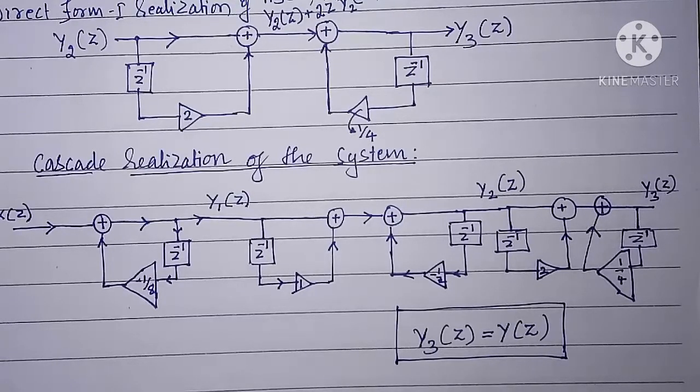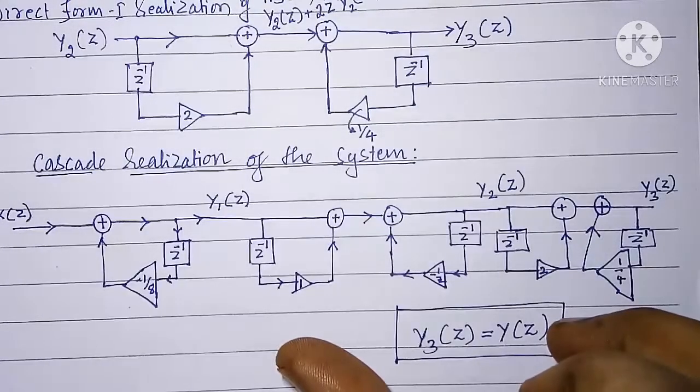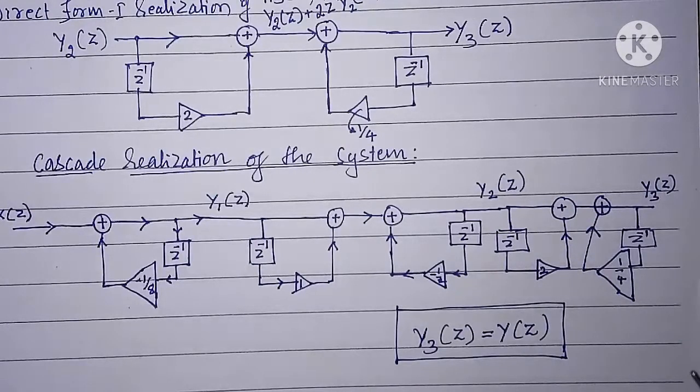Now I advise all of you to realize this system in direct form 2 too. You take each of the transfer functions h1 of z, h2 of z, h3 of z, which you have already realized in the form of direct form 1. Now you realize them in direct form 2.